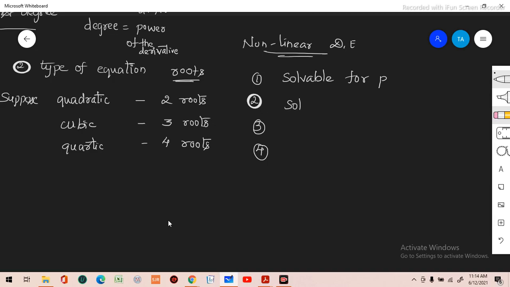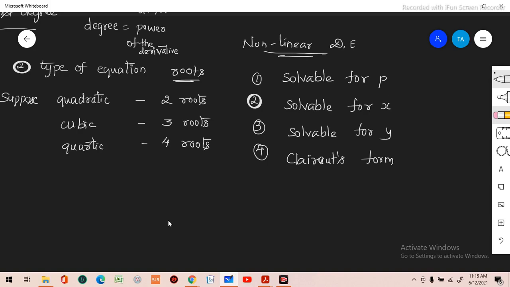The second one is solvable for x, the third is solvable for y, and the fourth one is Clairaut's form or Clairaut's equation.